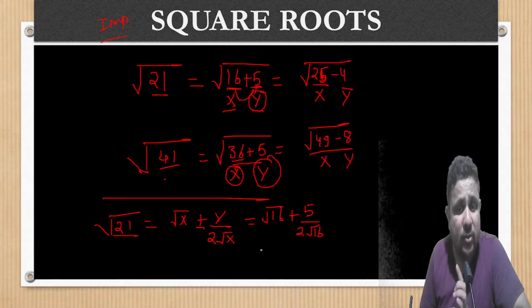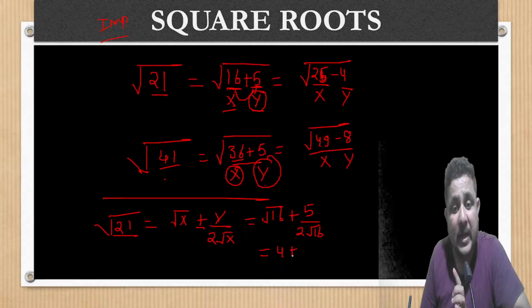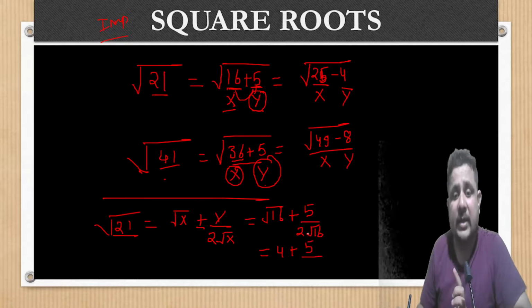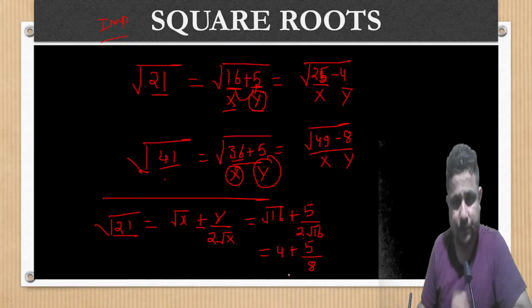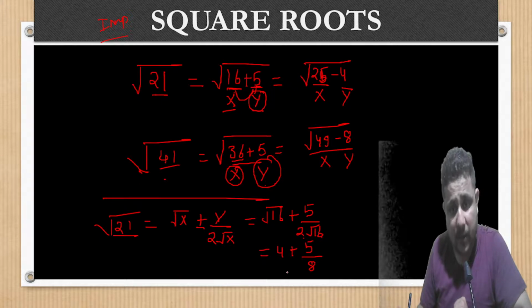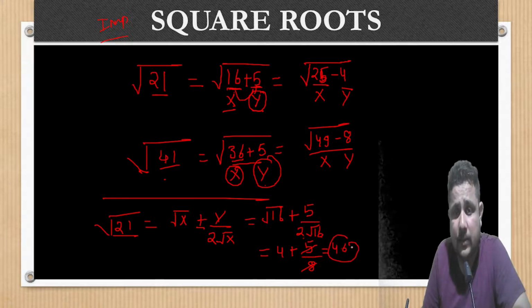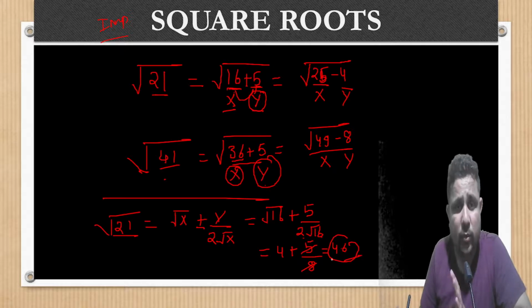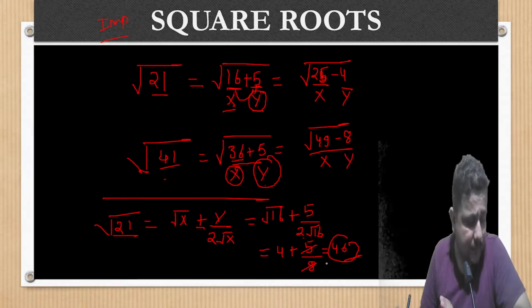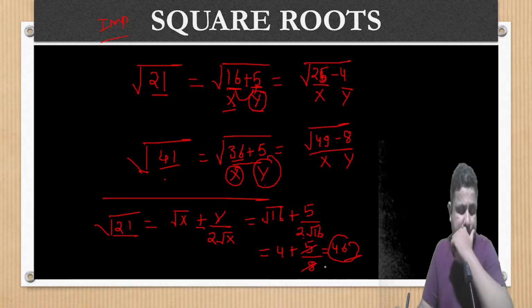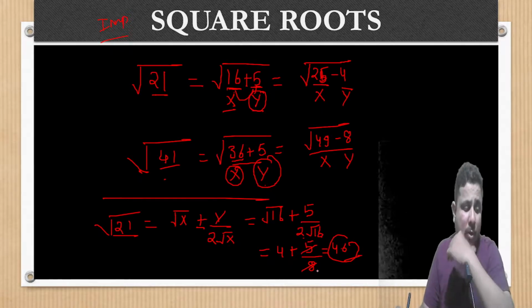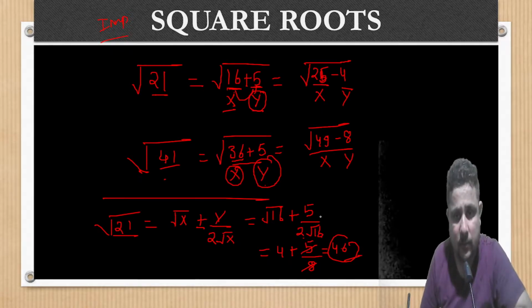And you know square root 16 is 4, so 4 plus 5 divided by 2 into 4, which is 8. Are you getting my point now? So when you divide 5 by 8, you are going to get 4.6 something. Is this clear? Approximately 4.6 we will get here.